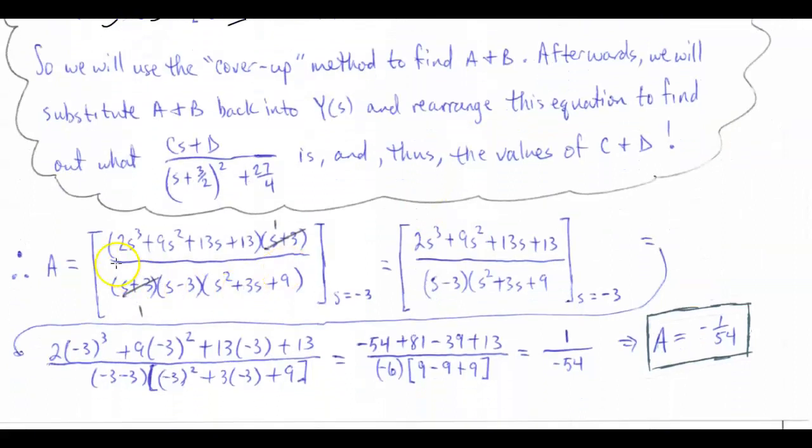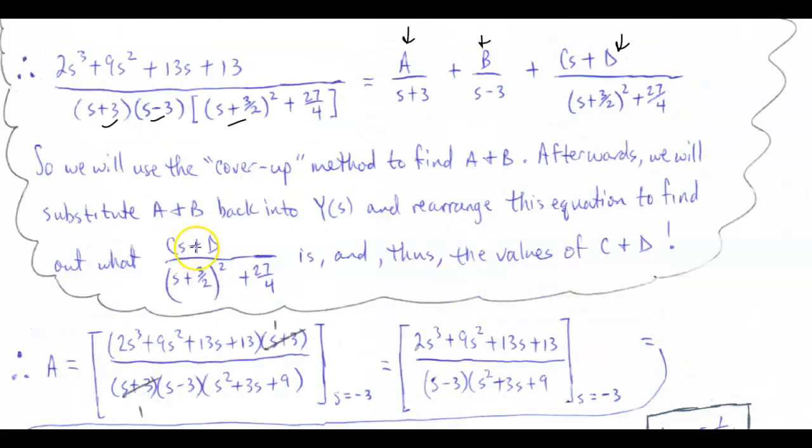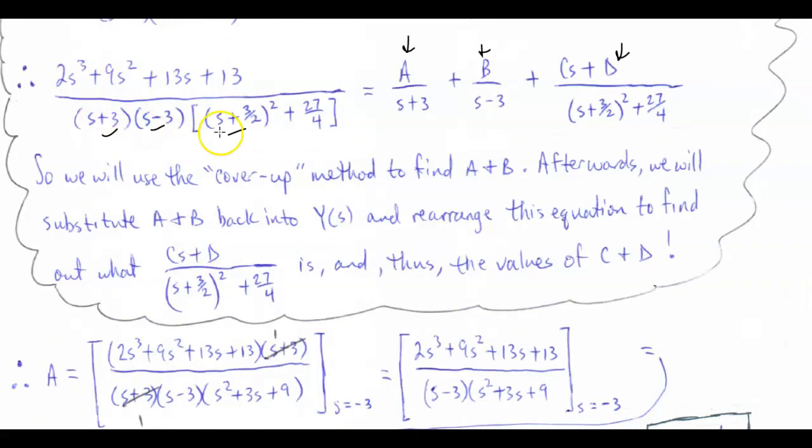So I'll start off with A, and of course A is just going to be this whole quotient here, where at the end of the day I want A to be everything here, but the denominator that I do have is the thing that needs to go away. So the denominators that I don't have are the s minus 3 and all this business here.